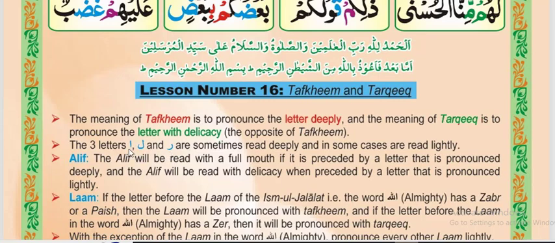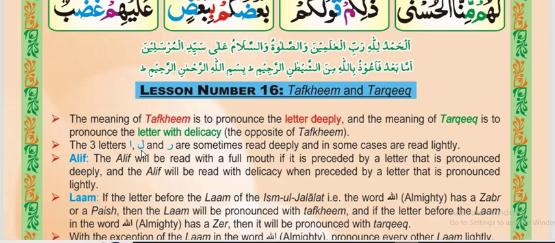But if you see dhamma or fatha over alif or ra, or fatha or dhamma before them, then in both of these cases alif and ra are to be read heavier. In fatha and dhamma position they are read heavy, and in kasra position they are read lighter.